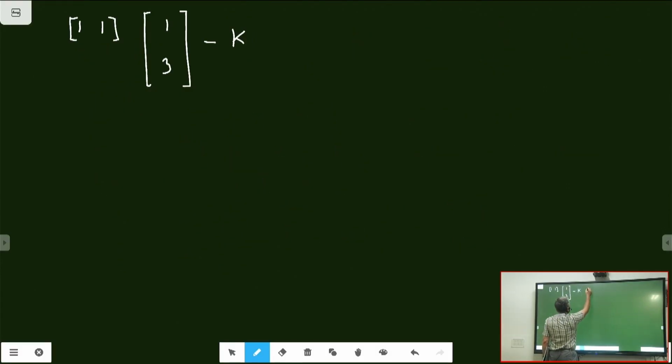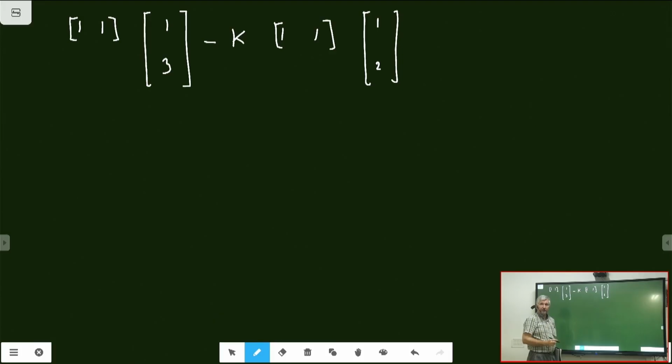So we have 1, 1, that is the dagger quantity, multiplied by 1 and 2. Agree? That's what we get.